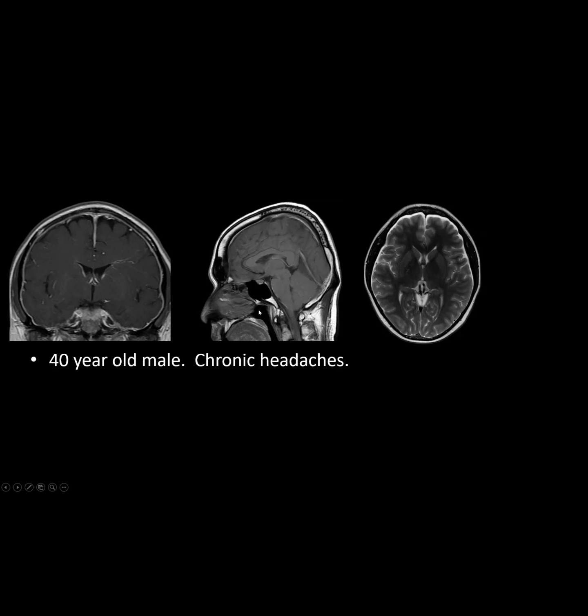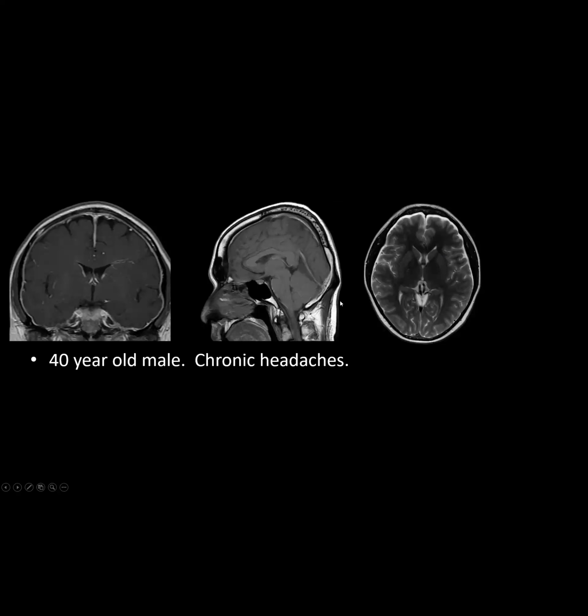Okay, and how about this image over here? What do you see? It looks like maybe there's some enhancement of the sagittal sinus and the straight sinus as well. On this one? The middle one? Ignore this thing over here. But look at the tonsils down here and the subarachnoid space.